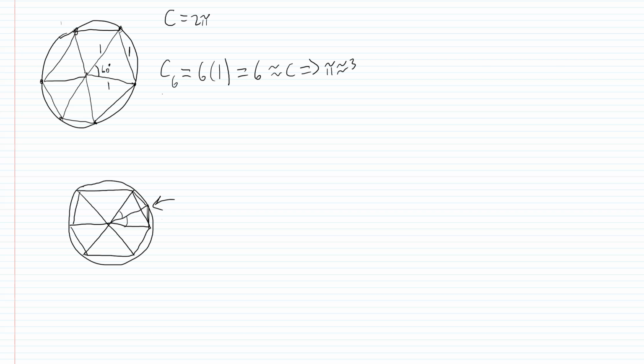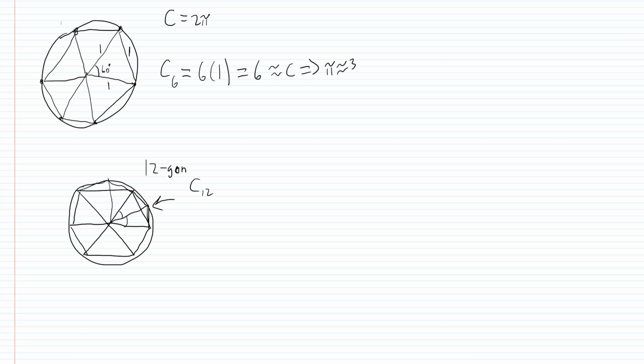And if I do that for every one of these equilateral triangles, then what I actually form is a 12-gon. And the way to see that is I turn every triangle into 2 triangles, so I end up with 12 triangles. So I end up with 12 straight sides. So what I'm after here is a way to approximate C12.